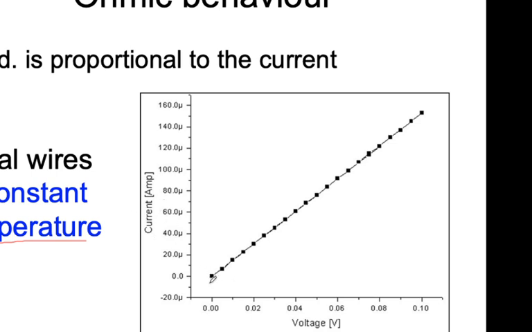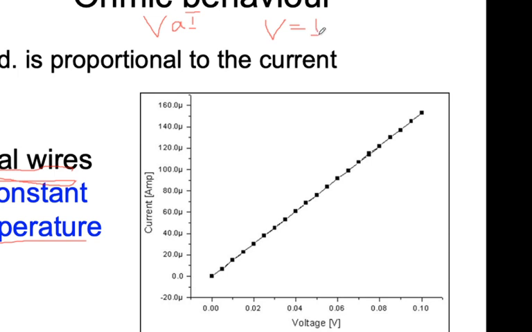But if we're keeping it at a constant temperature, and we're just working with a metal wire, so copper would be our most common, but we can have other conductors as well, we're going to see this ohmic behavior where voltage is proportional to current because V equals IR, Ohm's law.